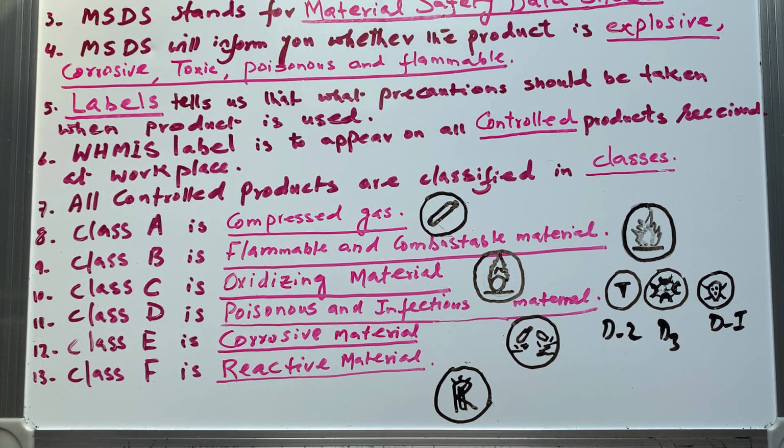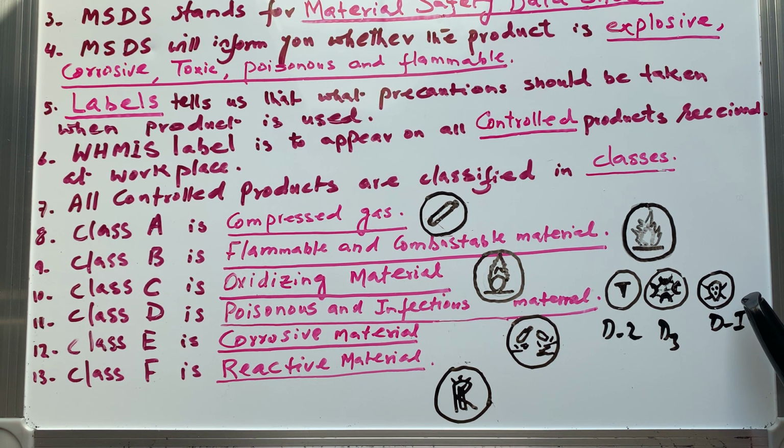So these are the three subclasses or divisions of class D. D1 is poisonous and infectious material that can cause death or immediate injury. The symbol is a skull and two bones. This can cause immediate death or injury to a person exposed to a small amount of this material. This is very, very dangerous.